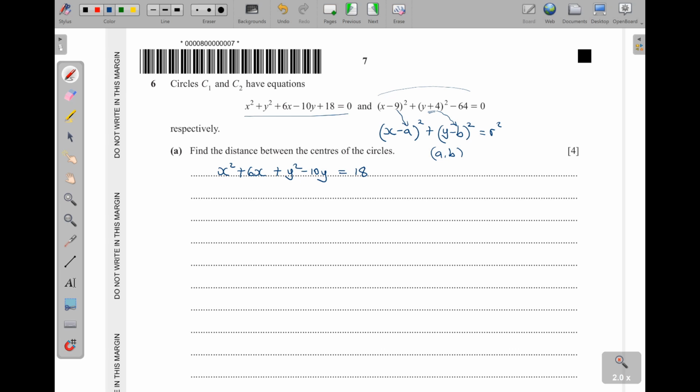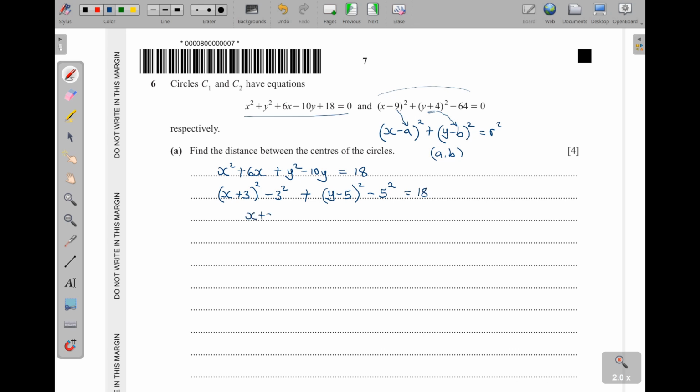Then that means we are going to get the coefficient now of x, divide it by 2. We get a 3. Put it together with the x here. Then pop it out as a square here. The same thing you do here for y. So minus 10 divided by 2, you get minus 5. So I put it together here with y. Then I pop it out here as a square, which is equal to 18.